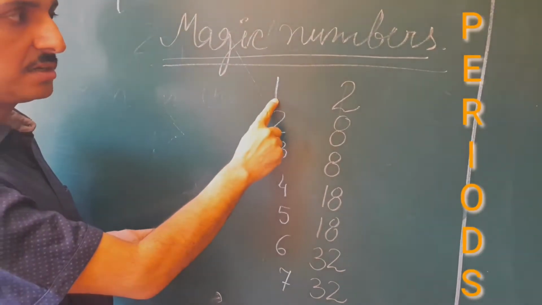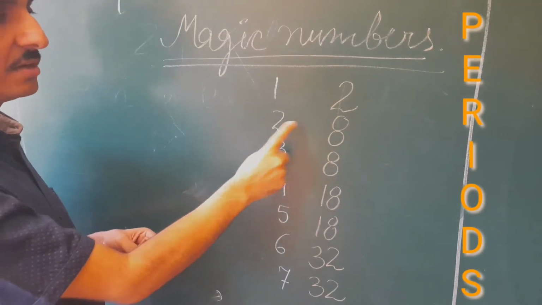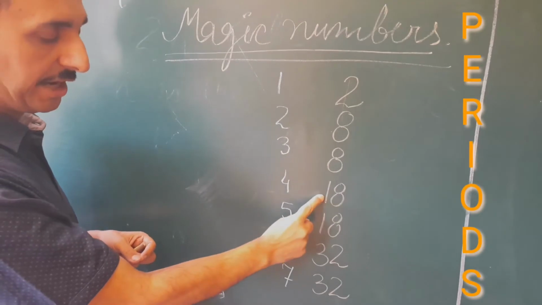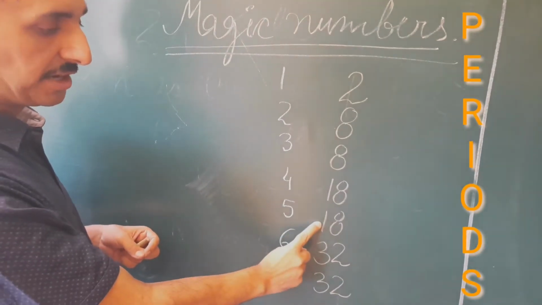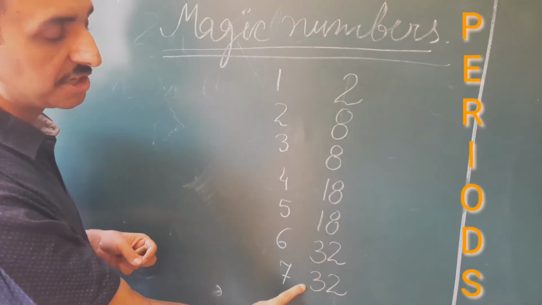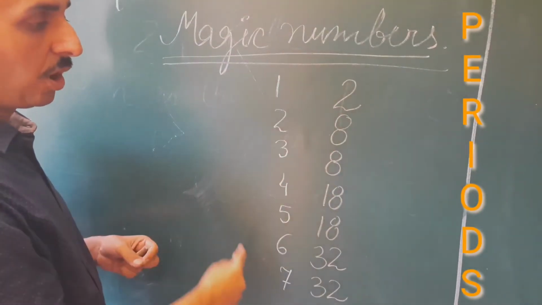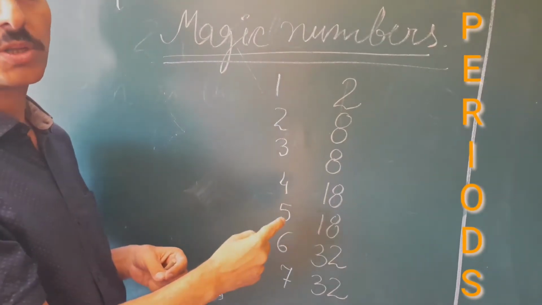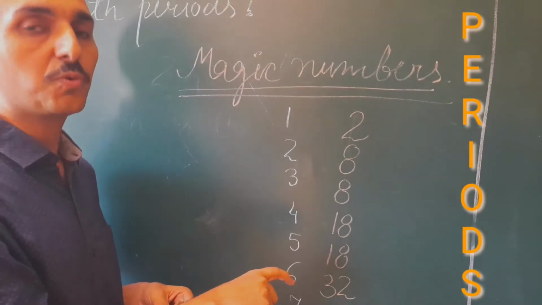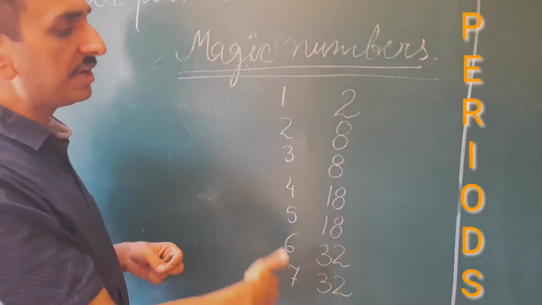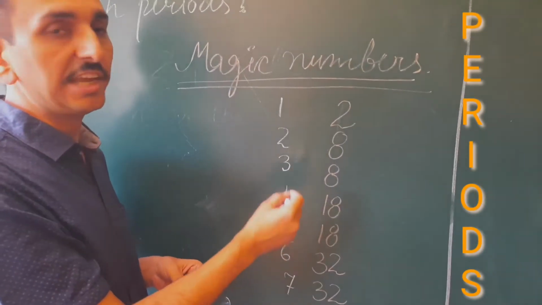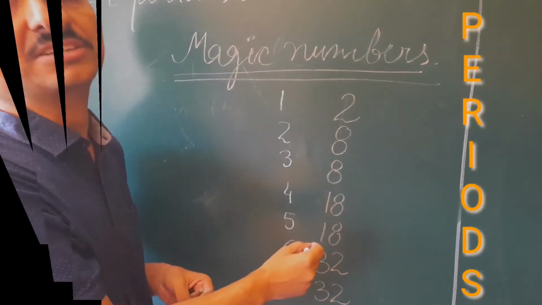Now, first period 2 elements, second period 8 elements, third period 8 elements, fourth period 18 elements, fifth period 18 elements, sixth period 32 elements, seventh period 32 elements. This is all helpful to find out the kind of bonds formed by the elements to form the compound, as well as it will indicate the electronic configuration and valence shell electrons of the particular elements.